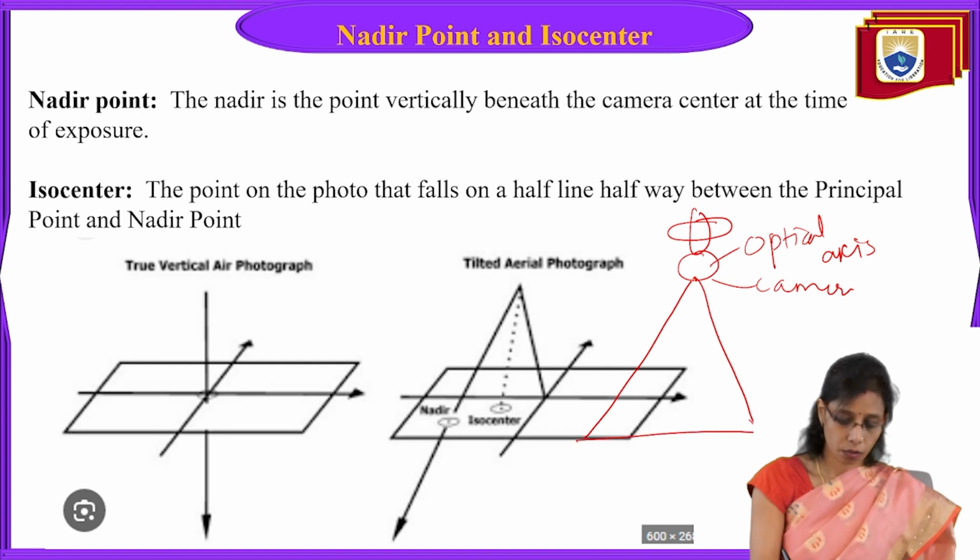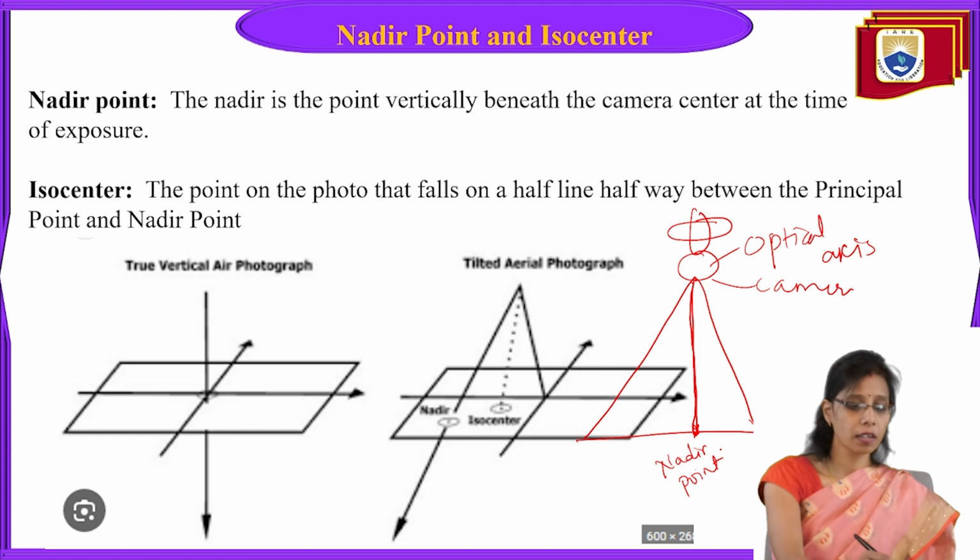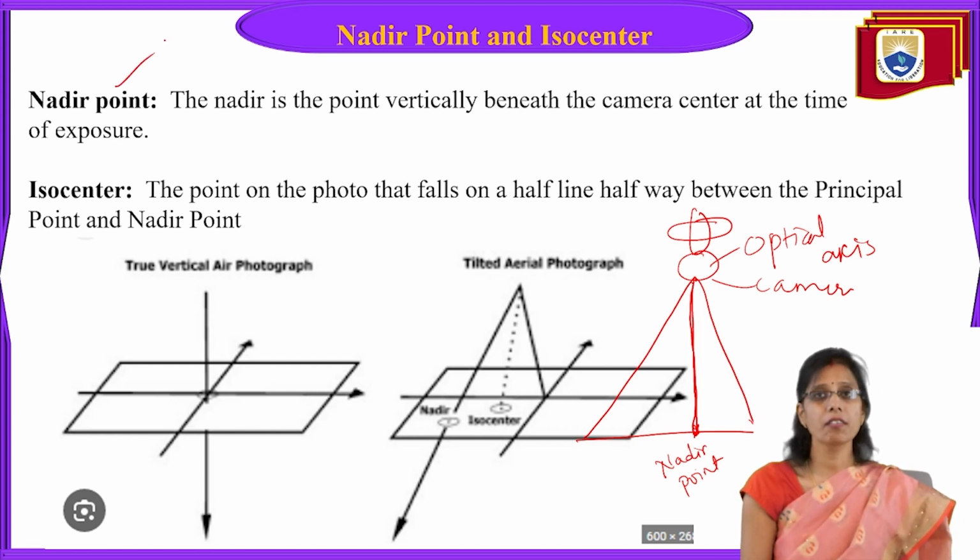Exactly below the camera is your exposure station, and here is the ground point. Exactly vertical to the ground is called nadir. We call it the nadir point.